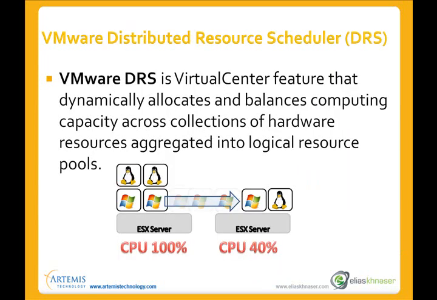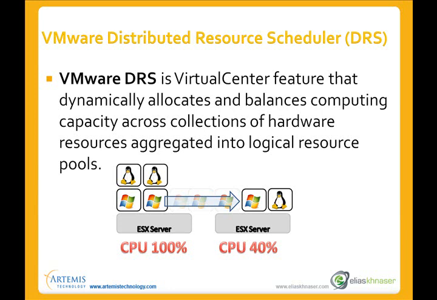More cool stuff with Virtual Center. Distributed resource schedule. What this technology allows you to do is proper resource load balancing. So what it will do is notice that VM1 is consuming a lot of CPU and memory on ESX Server A. But the problem is ESX Server A is running out of CPU and memory and resources.